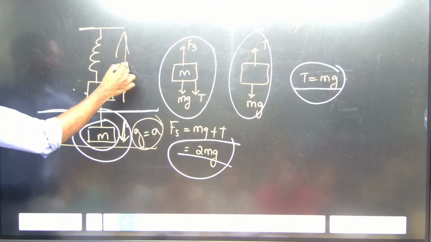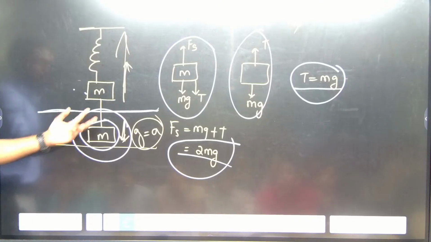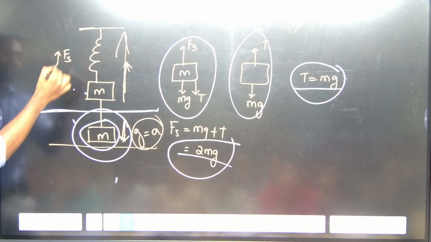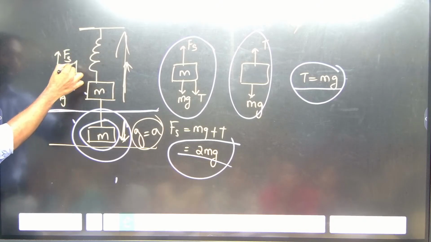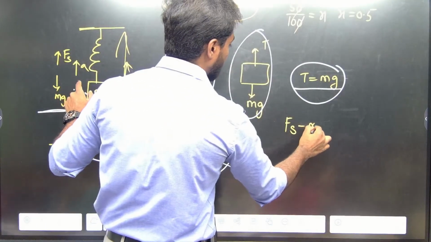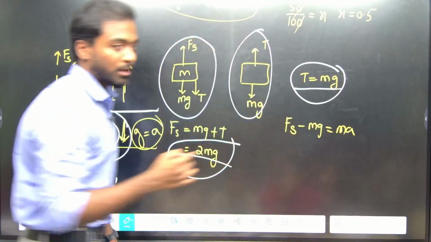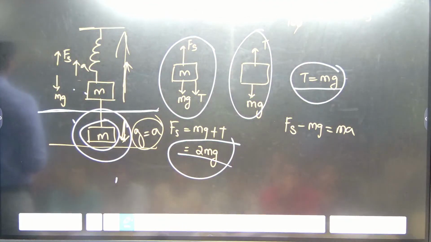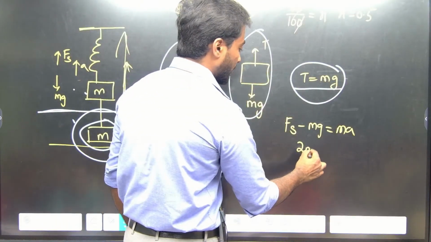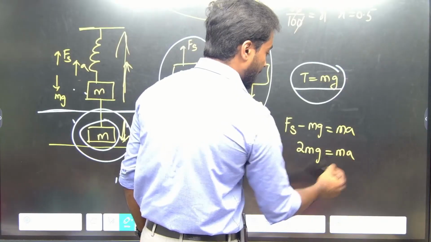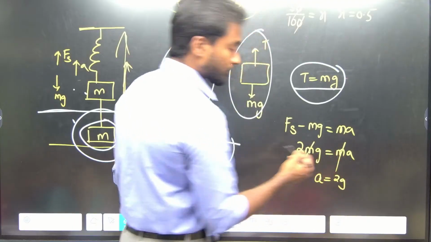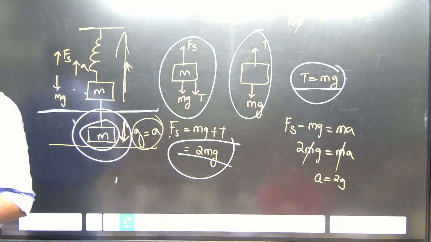So what about this one? It's going upward, no? If I cut this one, it will go down, it will go up. So can I say Fs is in this direction, mg in this direction and acceleration in this direction? Fs minus mg will be equal to ma, according to the equation we discussed yesterday. What is Fs here? 2 mg should be equal to ma, m and m will get cancelled, a will be equal to 2g. Getting the point?